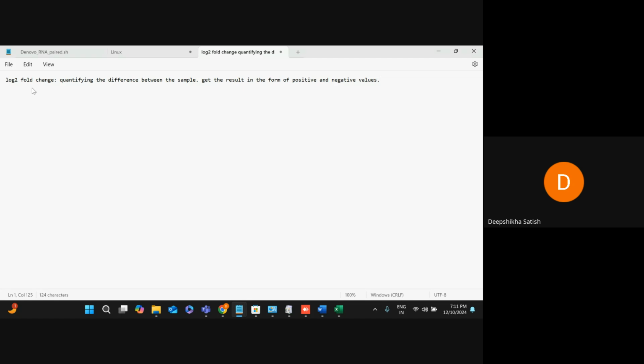So this positive value is going to indicate what? Any idea? Upregulation. Yes, upregulation. Whereas the negative will indicate my downregulated genes. So what is fold change?